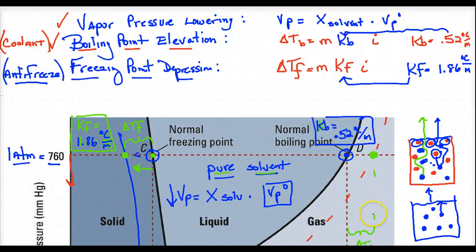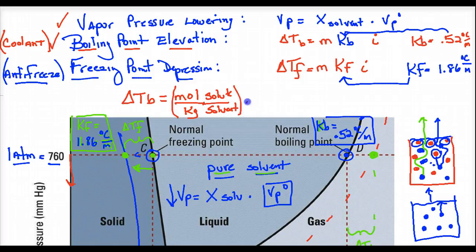Okay, well, again, if we're talking about boiling point elevation, we're going to solve for the change of temperature of the boiling, okay, is equal to the molality, which is moles of solute, the stuff being dissolved, over a kilogram of the water or the solvent. All right, that's the molality, times the constant that I'll have to give you, which we call Kb.